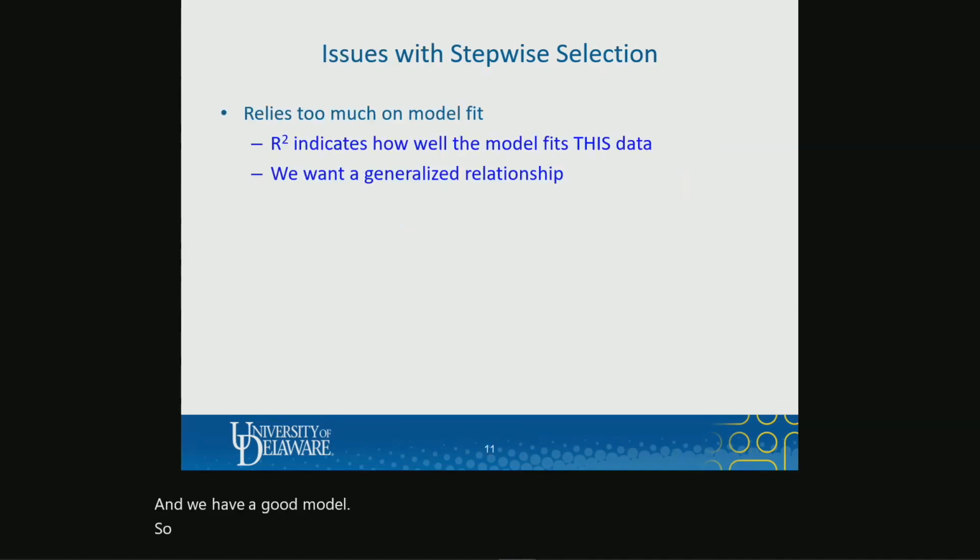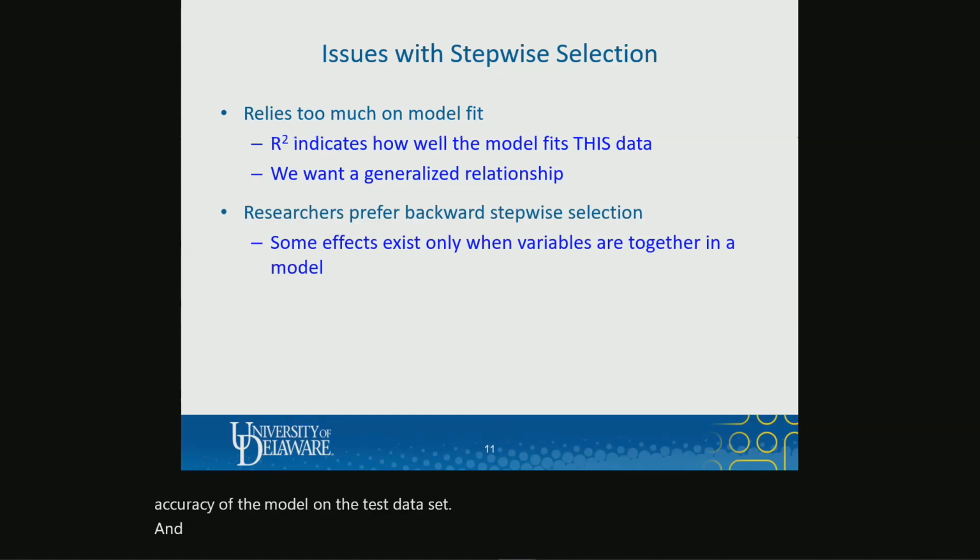So I should mention that we are making decisions based on R squared. And of course, R squared means just the fit of the model to the training data set. And we prefer to have a generalizable relationship. So we should just keep an eye on the accuracy of the model on the test data set.